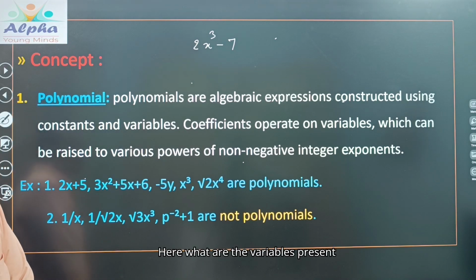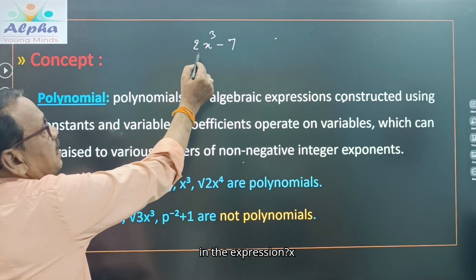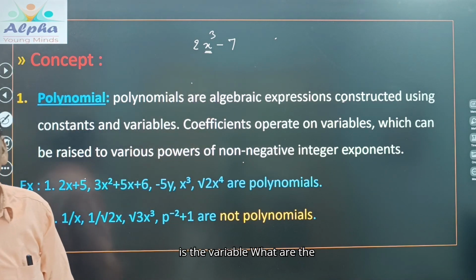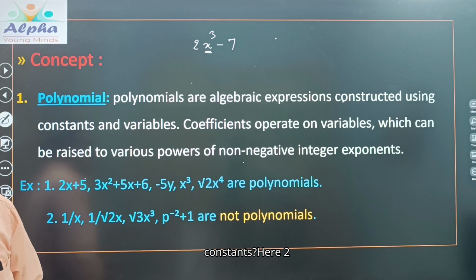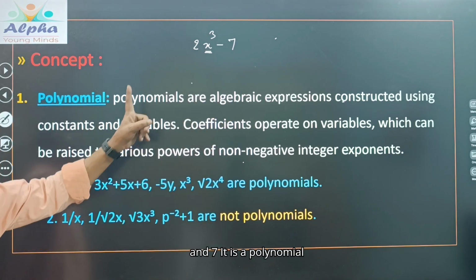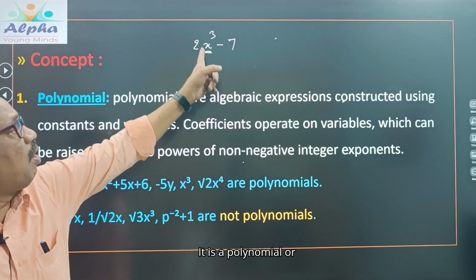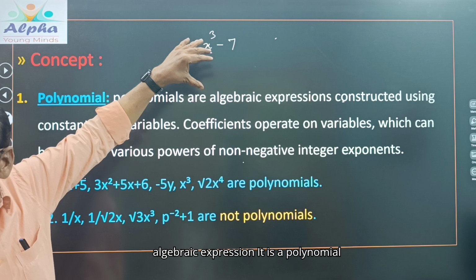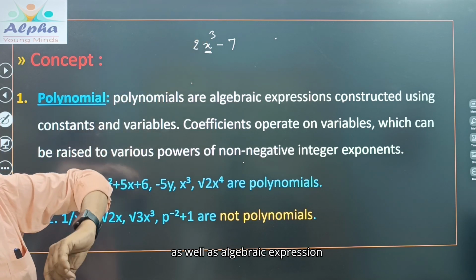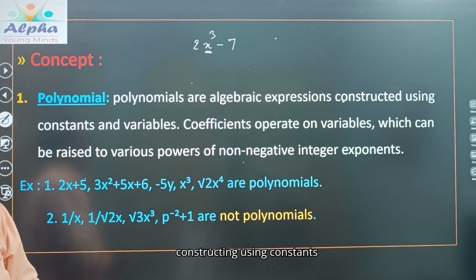Here, what are the variables present in the expression? x is the variable. What are the constants? Here 2 and 7. It is a polynomial as well as an algebraic expression constructed using constants and variables.